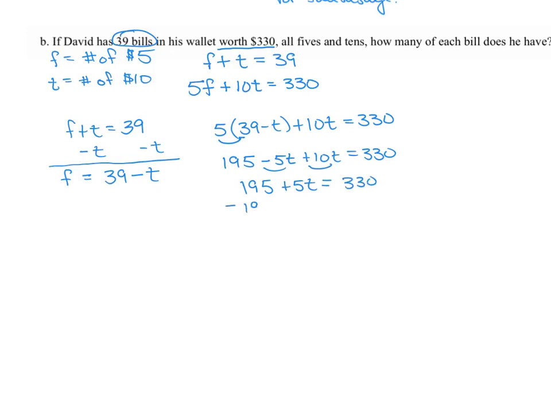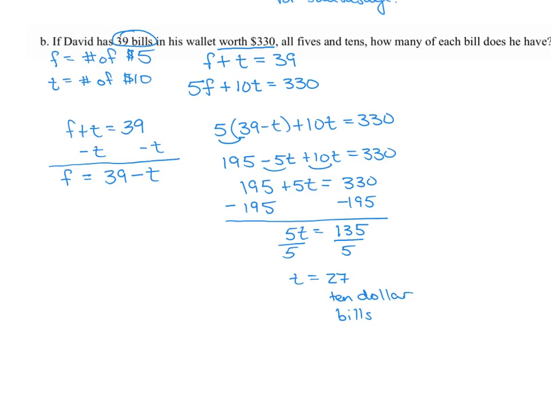We can subtract 195 from both sides. We get 5T equals 135. If we divide by 5 now, I get T equals 27. So we have 27 $10 bills.